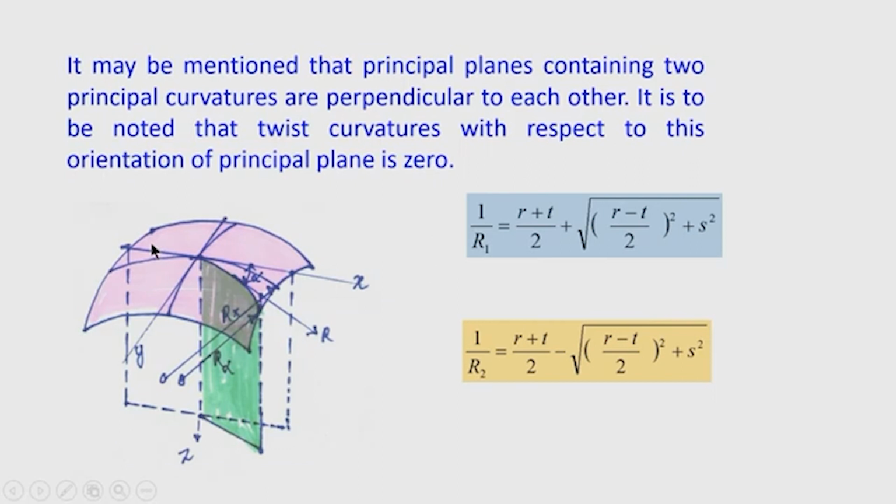It may be mentioned that principal planes containing the two principal curvatures are perpendicular to each other, and it is to be noted that twist curvature with respect to this orientation of principal plane will be 0. So, if alpha is the principal direction, then this plane will contain no twist curvature and another principal plane will be orthogonal to this plane, which contains the other principal curvature.